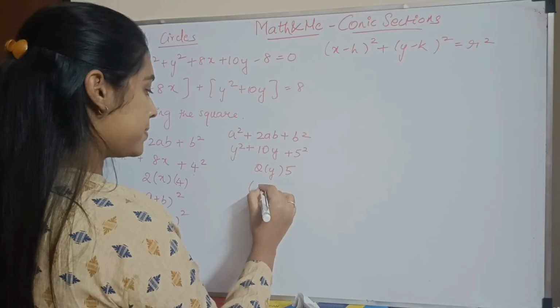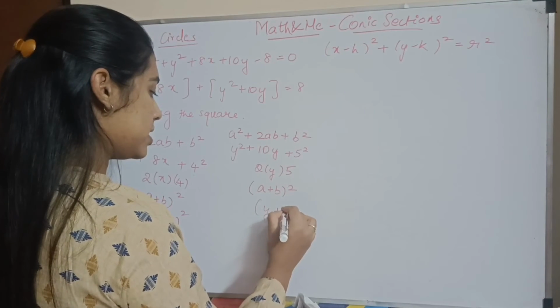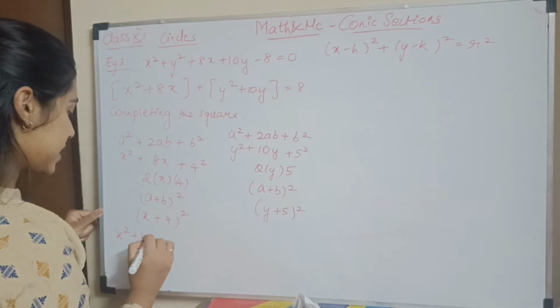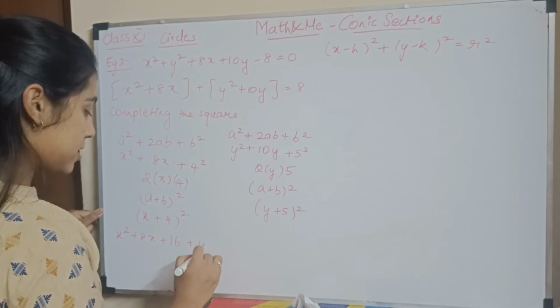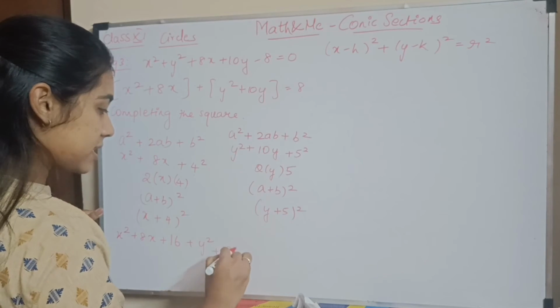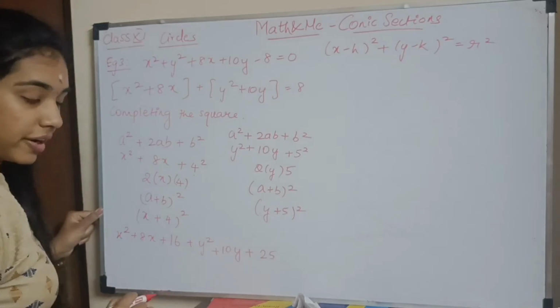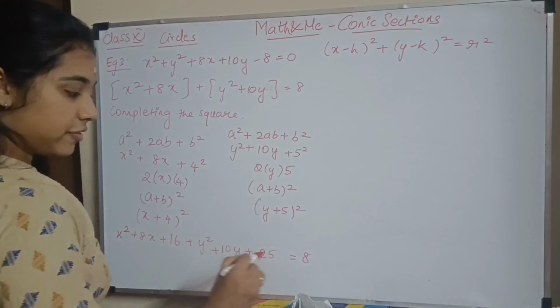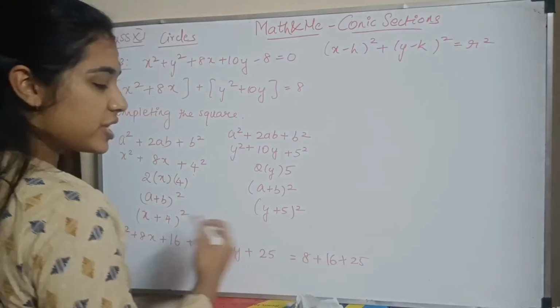This is of the form (a plus b) the whole square, where a is y and b is 5. What happens here? x square plus 8x plus 4 square, which is 16, plus y square plus 10y plus 5 square, which is 25, equals 8. I added a 16 and a 25 here, so I am supposed to add 16 and 25 on the other side in order not to change the equation.